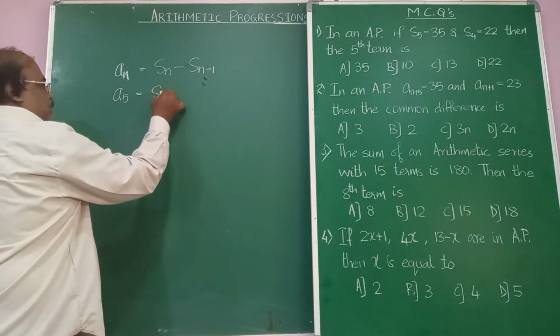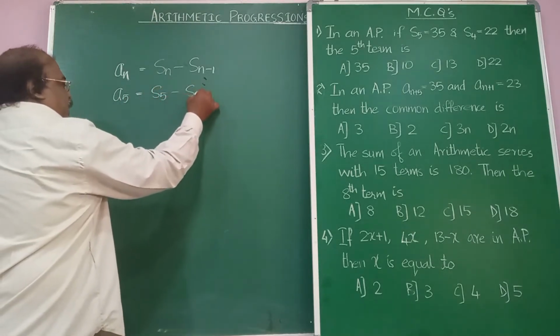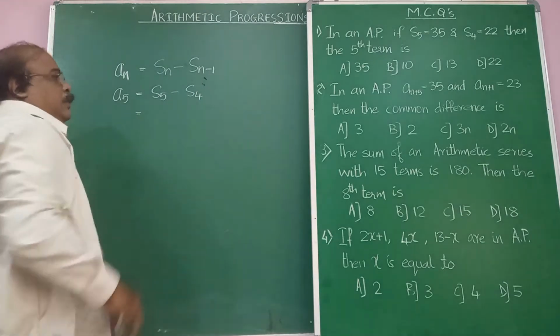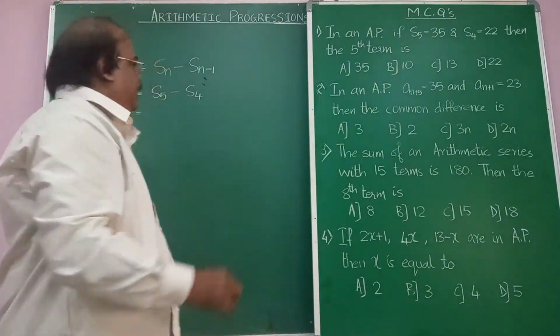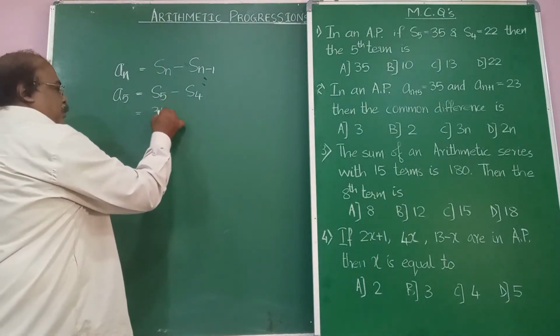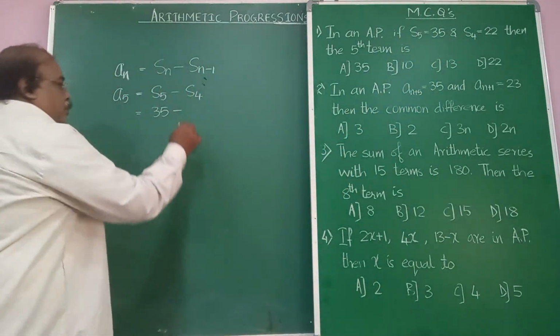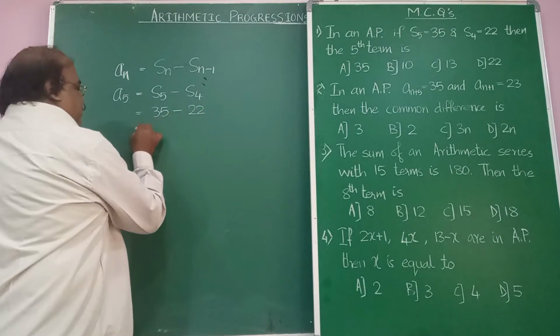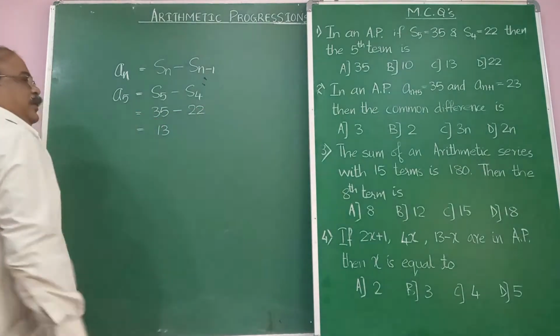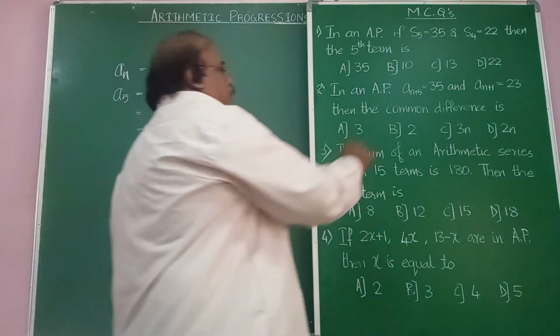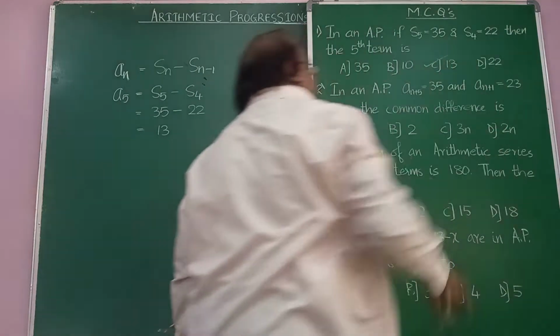A5 is equal to S5 minus S4. The sum of the first 5 terms is 35 and the sum of the first 4 terms is 22. So 35 minus 22 is 13. So your first answer is 13.